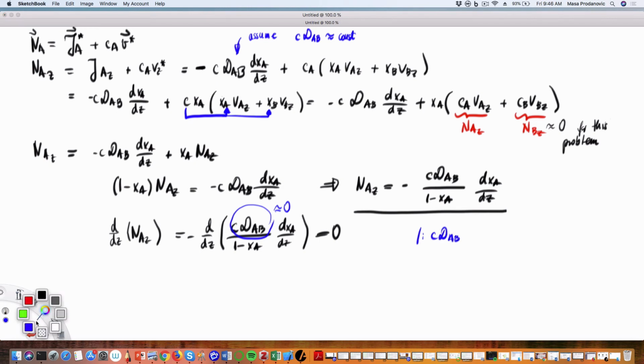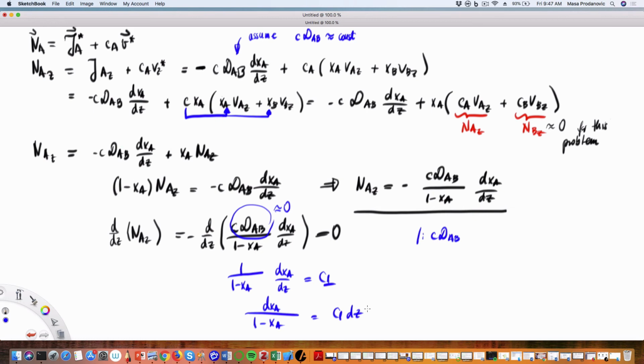So I have d/dZ of 1 over 1 minus XA dXA/dZ is 0, which means that 1 minus XA dXA/dZ is equal to constant. So dXA over 1 minus XA is constant dZ.